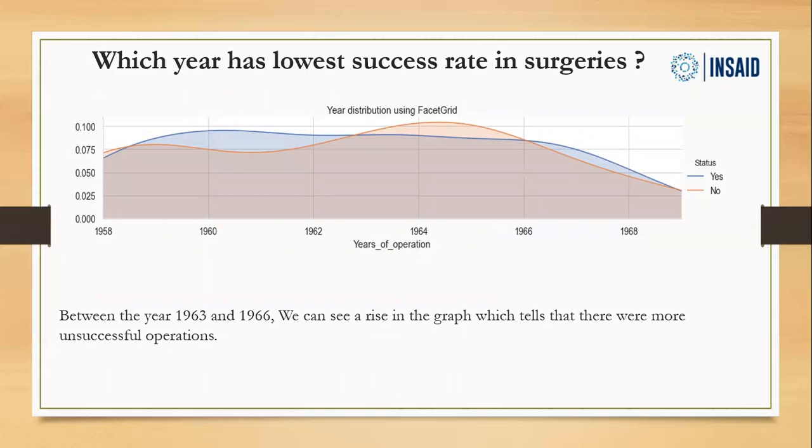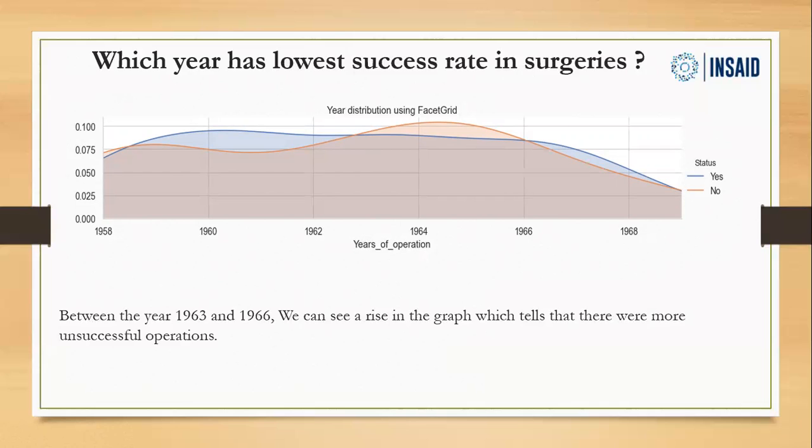Which year has the lowest success rate in surgeries? In this graph, between the year range of 1963 to 1965, you can see the peak rise of the orange region, which means the patients who had surgeries in this year range had a short survival after surgery.